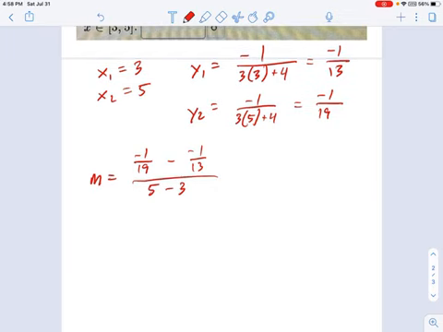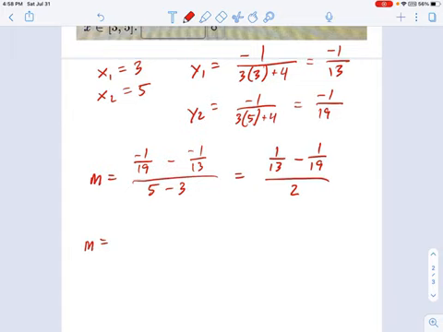And let's try to clean some stuff up here. So bear with me. If you remember how to clear denominators in a compound fraction, first what I would like to do is just simplify this a little bit. It's 1 over 13 minus 1 over 19 on top. And it's divided by 2 on the bottom.